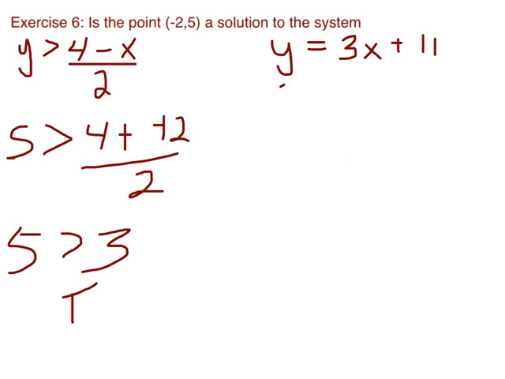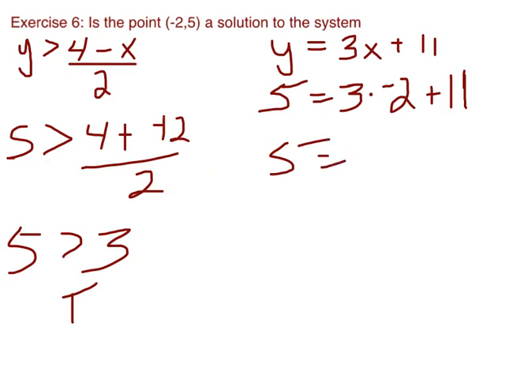On this side, 5 equals 3 times negative 2 plus 11. 3 times negative 2 is negative 6, plus 11 is 5. 5 equals 5, so that is true. So this statement is true because both statements are true.